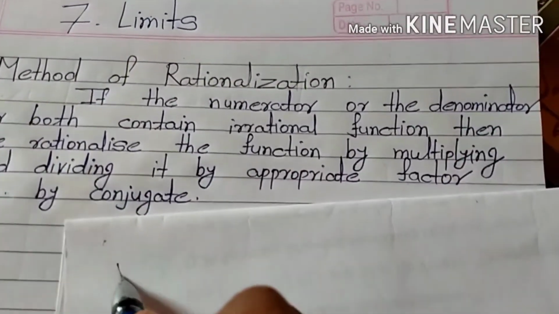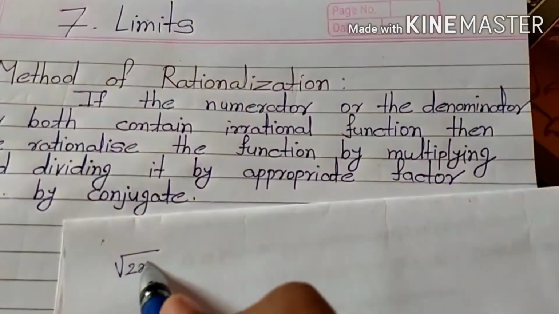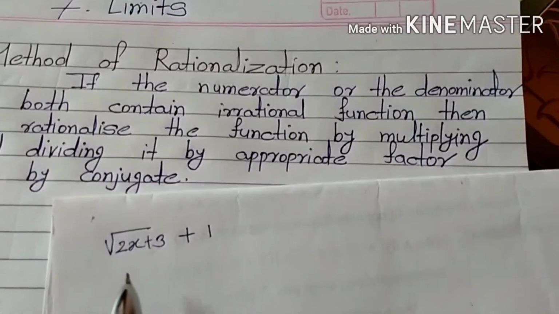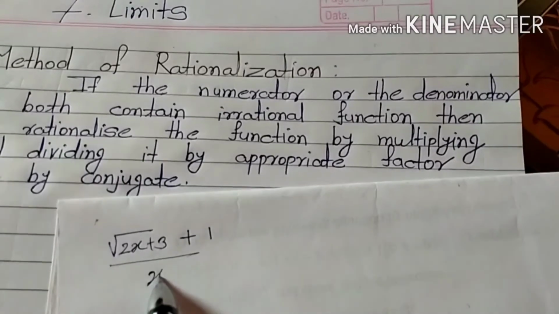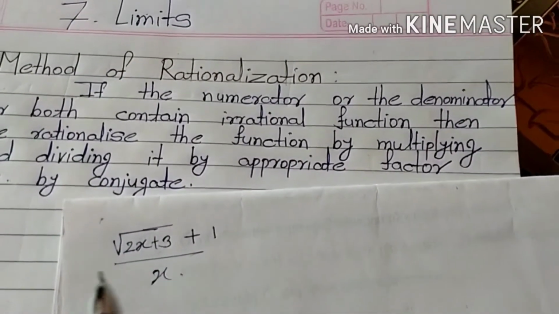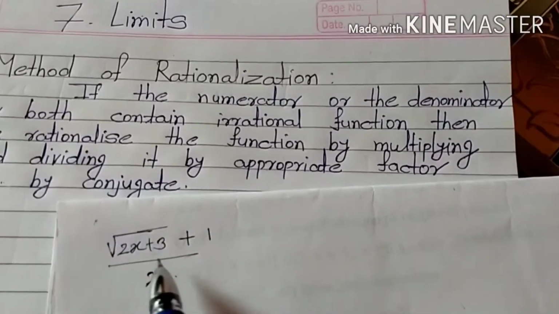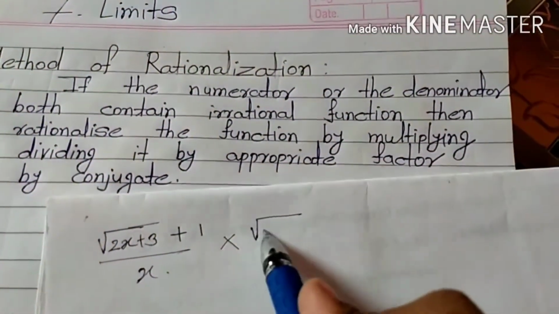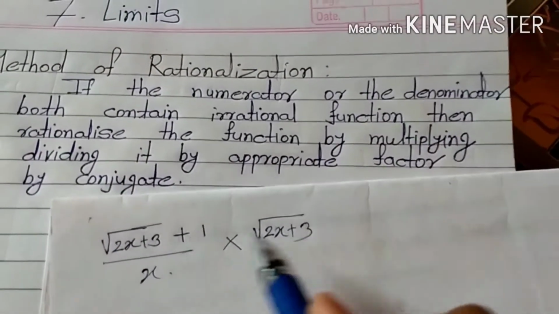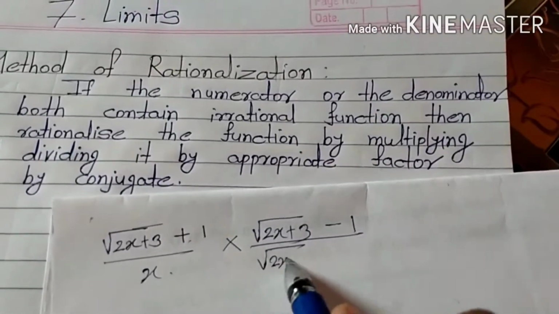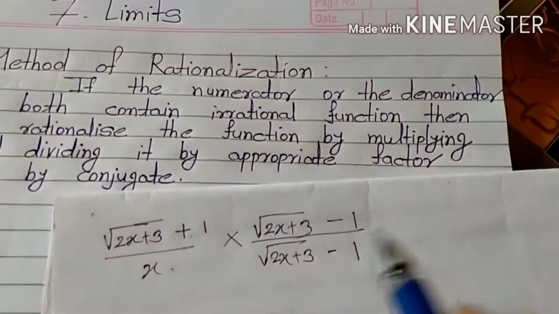So suppose, for example, the square root of 2x plus 3, plus 1. Suppose this is any function. Now we have to rationalize it. So take its conjugate, which is the square root of 2x plus 3, then take minus 1 here and divide by the square root of 2x plus 3 minus 1.